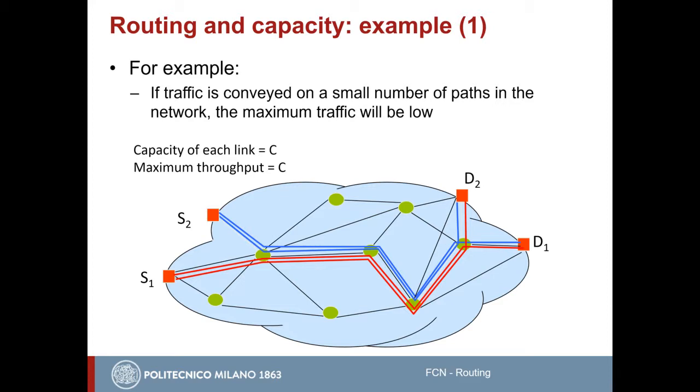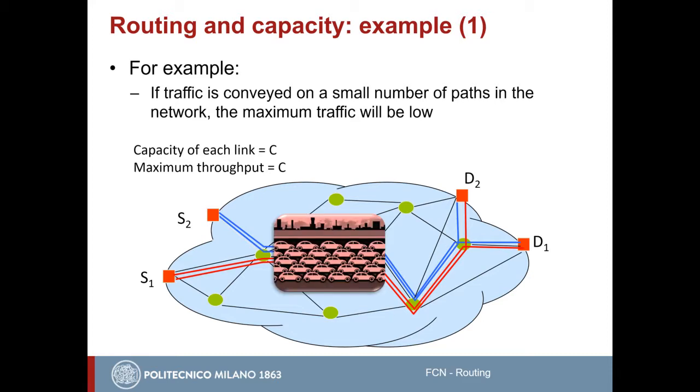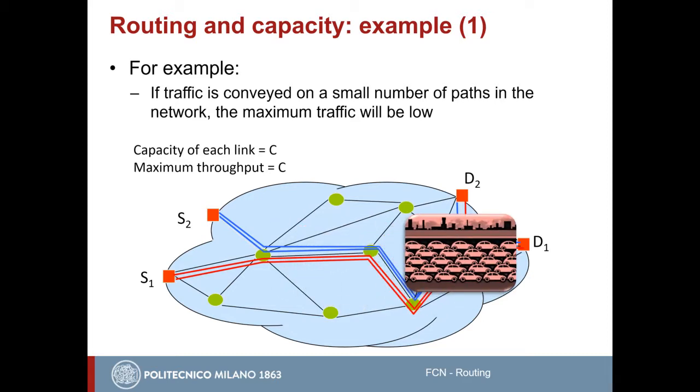And if you take the wrong decisions, then you may not be able to exploit all the possibilities of the network. For example, here you have this set of two sources and two destinations on one side and the other, and the routing decision has been taken in a way that all the traffic between the sources and the destinations will go through the same set of links.